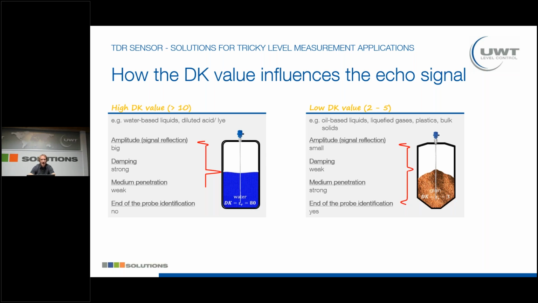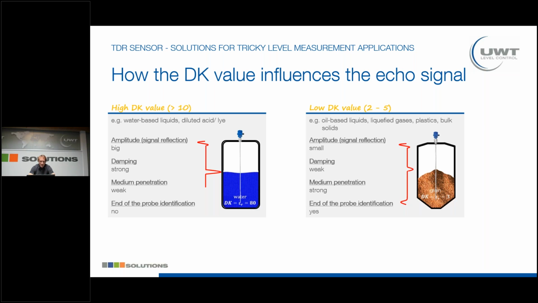So when we have a medium with high decay values of greater than 10, examples are water-based liquids, acids, or lye, the amplitude of the signal reflections is really big, because we get a lot of energy reflected from materials with high decay values.